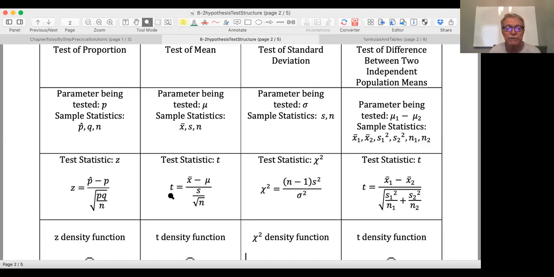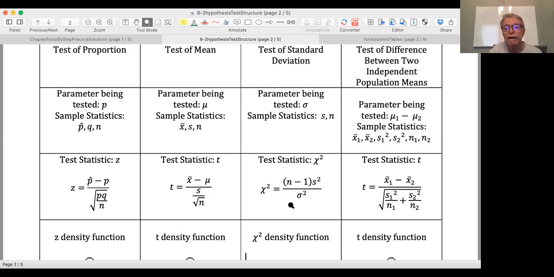Do not confuse that with z or any other test statistic. It is t, because we're testing the mean. And the reason we're using t instead of z is because we don't know the population standard deviation, and we're using s, the sample standard deviation, instead of sigma in the formula.